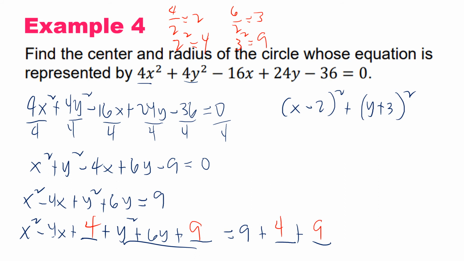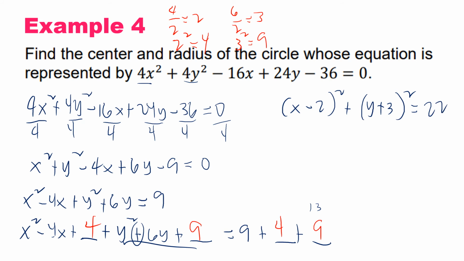Dito naman, square root ng y squared is y. Square root ng 9 is 3. But since this is positive, so this is positive also. This will be equivalent to 9 plus 4 is 13. 13 plus 9 will give us 22. So this will be equivalent to 22.